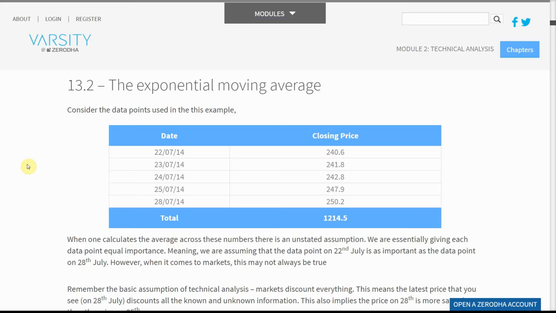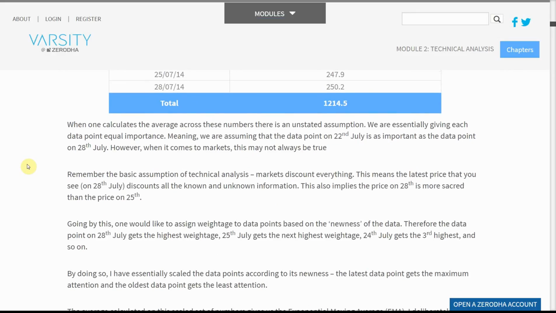The 14th of July 28, 250.2. Total 1,214.5. When one calculates the average across these numbers, there is an unstated assumption. We are essentially giving each data point equal importance. Meaning, we are assuming that the data point on the 22nd of July is as important as the data point on the 28th of July.